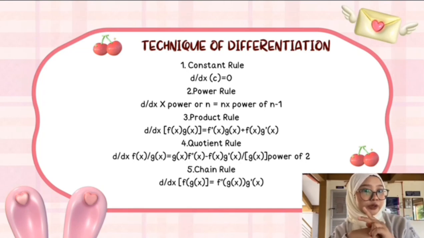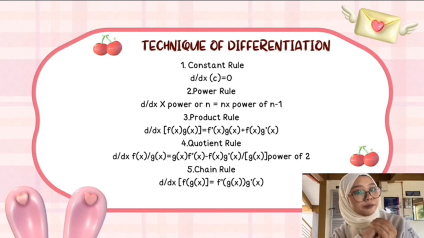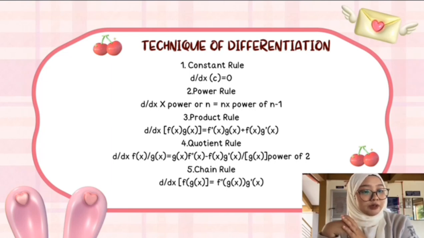The second one is the power rule, which is d/dx of x to the power of n equal to n x to the power of n minus 1. Another technique is the product rule, which is d/dx of uv equal to uv prime plus vu prime.